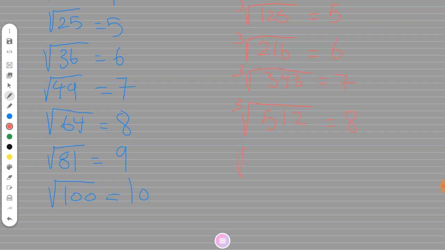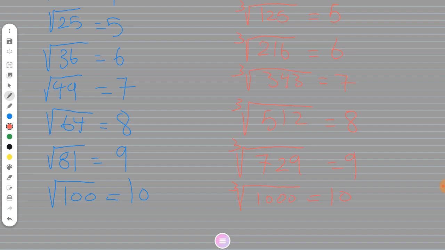Cube root of 729 equals 9; this is the product of 9 times 9 times 9. Cubic root of 1000 equals 10. It is very important to remember these numbers in your mind, because it's easy to recall them and solve questions.